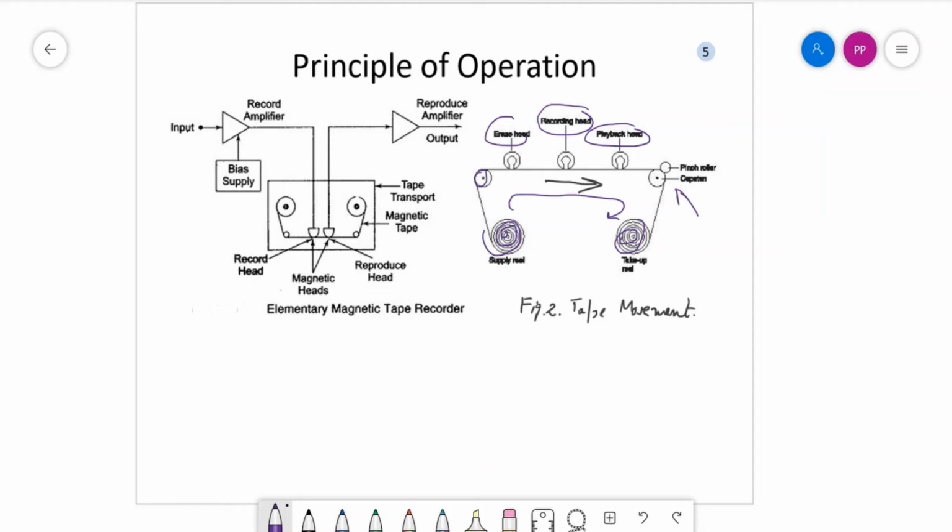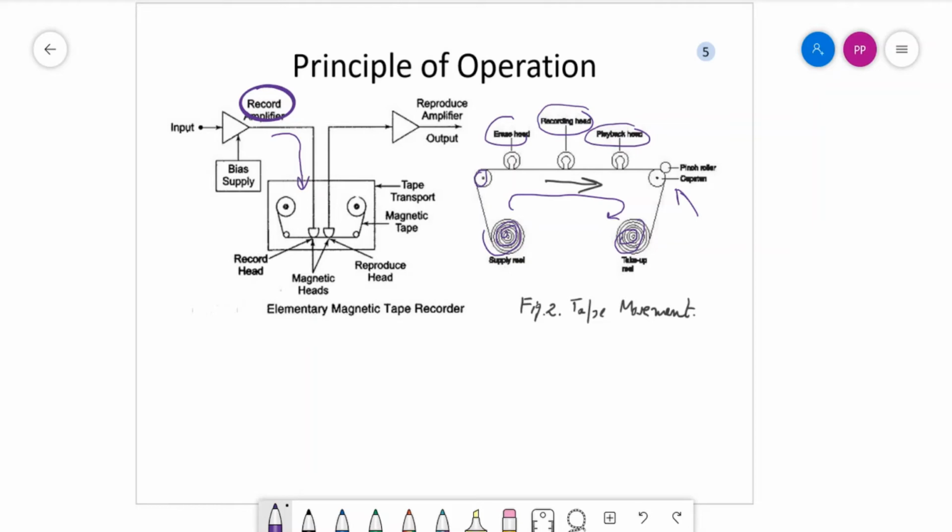When I have to record a signal, the input reaches here and is modified through different techniques. We will see a little later how different recording techniques are used. So the record amplifier is there, and from there the information enters the head, in such a way that the coil inside has the rate of change of flux.